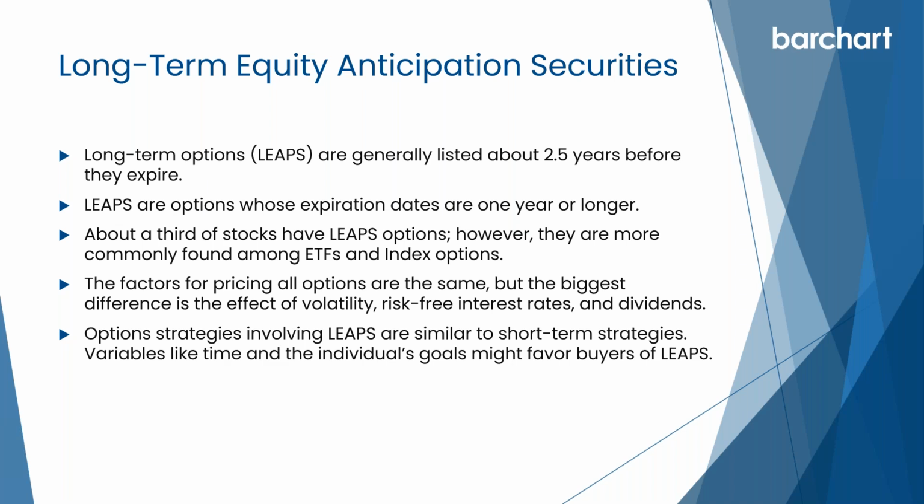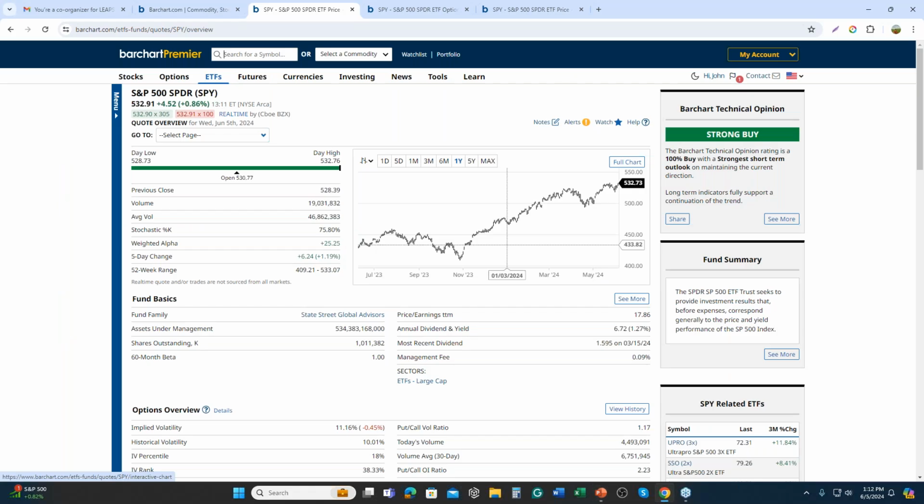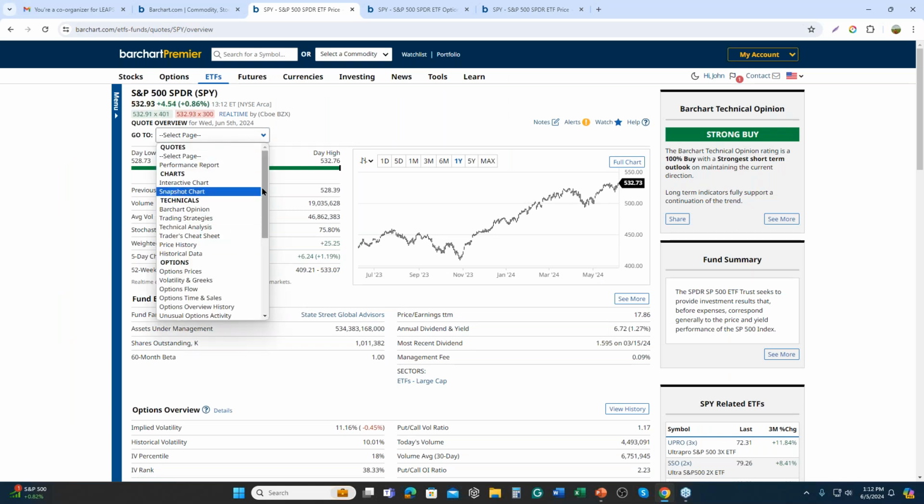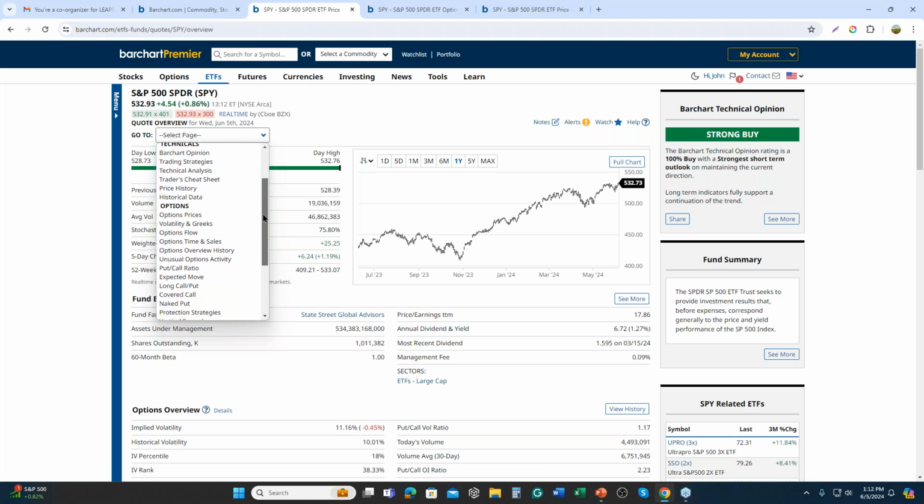They can't price what they don't know is going to happen. Again, you will see narrow bids and asks on more actively traded ones, but as we go out in time, you might see wider bid-ask. But here's what I'm saying: you might think that you found something that is valuable or cheap.